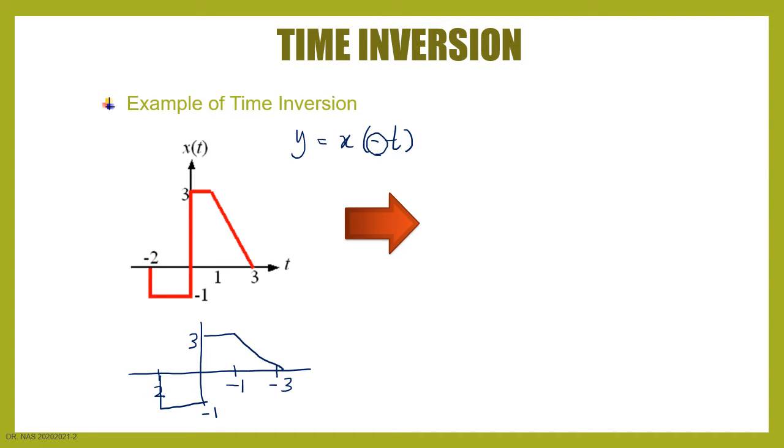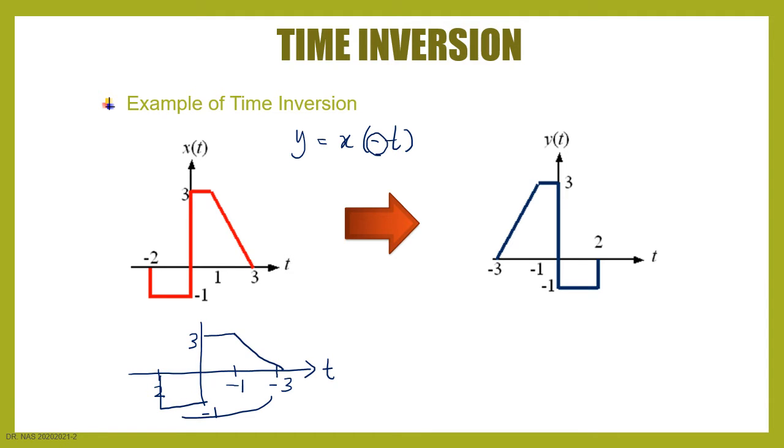Then you need to rearrange the axis back. The final outcome will be this. You need to flip the negative axis to the left hand side and the positive axis to the right hand side.